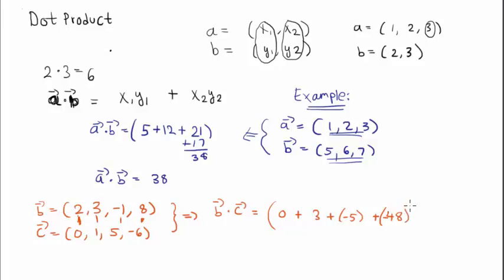So what is this? 0 plus 3 is 3. 3 minus 5 is negative 2. Negative 2 plus negative 48. Now be careful with the minuses and the pluses. So negative 2 minus 48 will be negative 50. So B dot C is equal to negative 50.